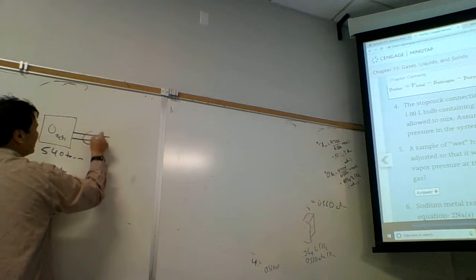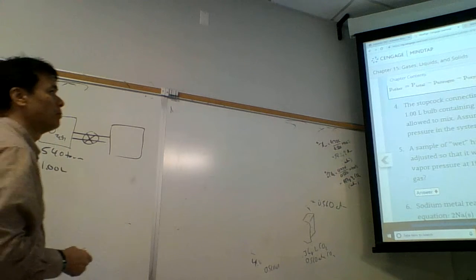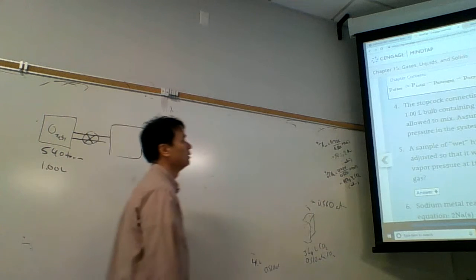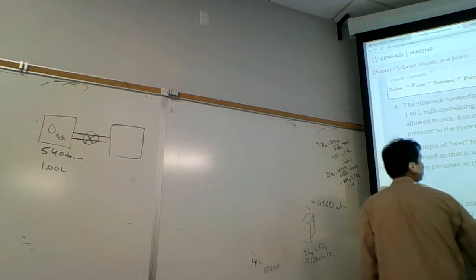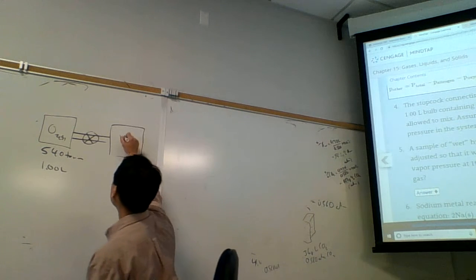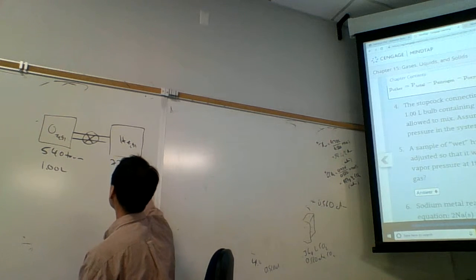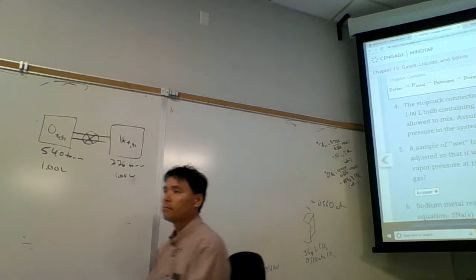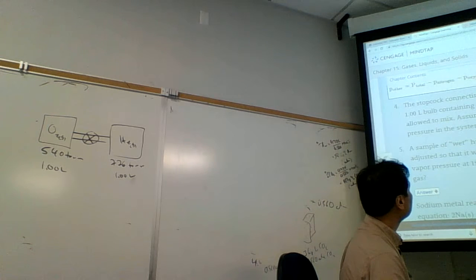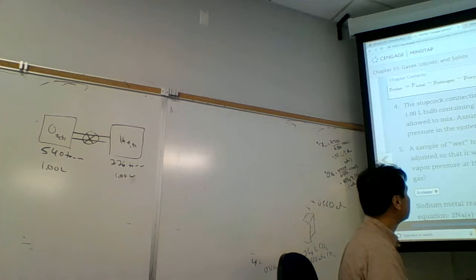This is going to be connected, there's a valve here, to another 1.00 liter box that is helium gas at a pressure of 776 torr. So this is helium gas at 776 torr, and it's 1.00 liters. The gases are allowed to mix. What is the final pressure in the system?